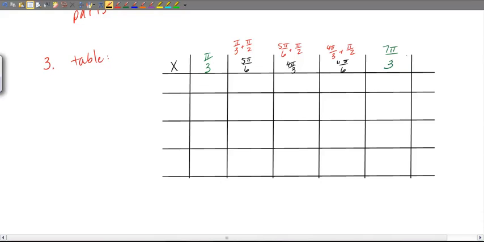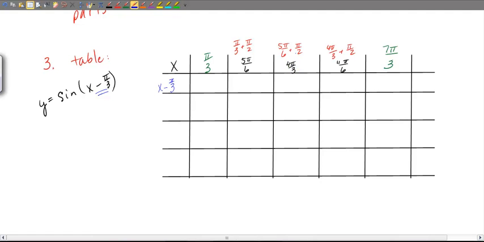In order to complete the table, we're then going to evaluate the function. Let's copy the function down here. The function, remember, was y is equal to the sine of x minus pi over 3. So when we do the table method, I'm going to evaluate what's inside the parentheses, the x minus pi over 3, for each one of these headings.